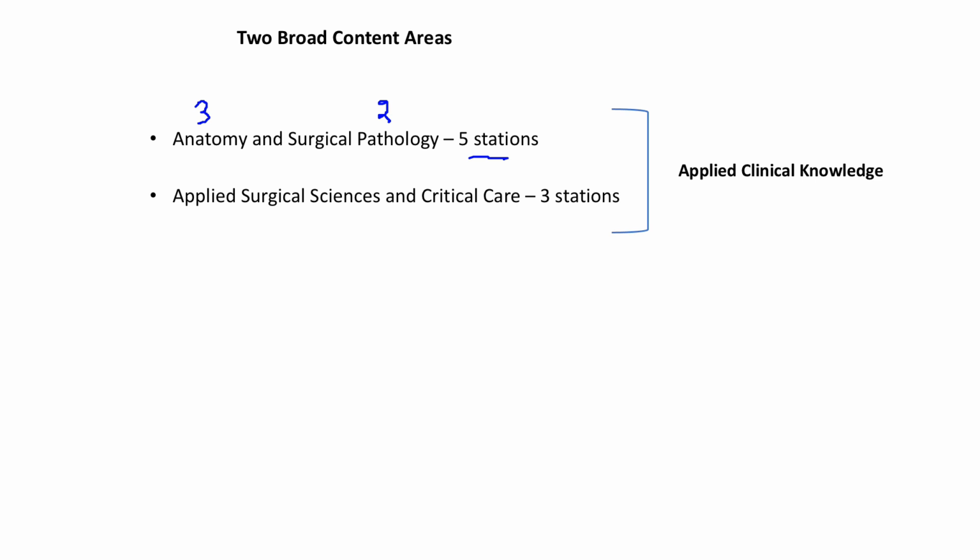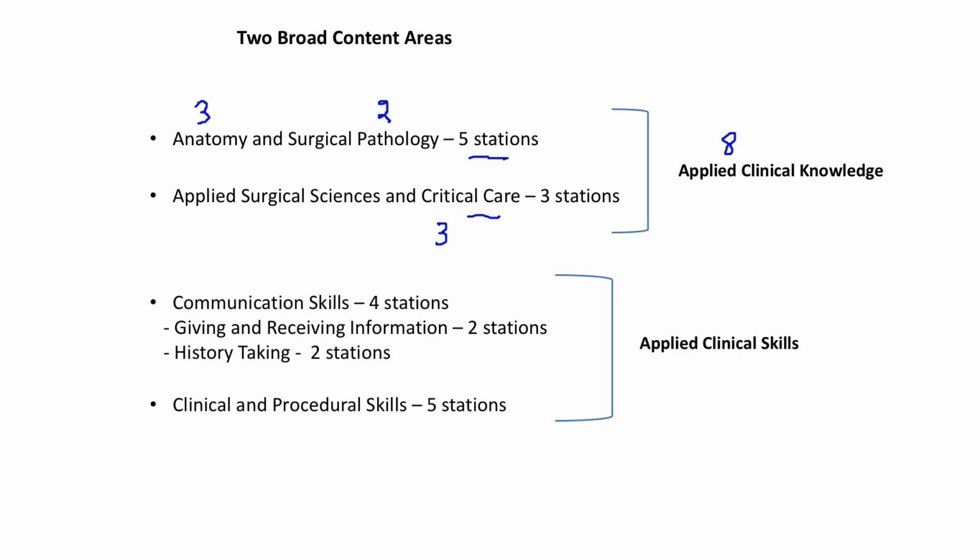Then there are 3 stations for applied surgical sciences and critical care. So we have a total of 8 stations that assess applied clinical knowledge, and 9 stations that assess applied clinical skills.